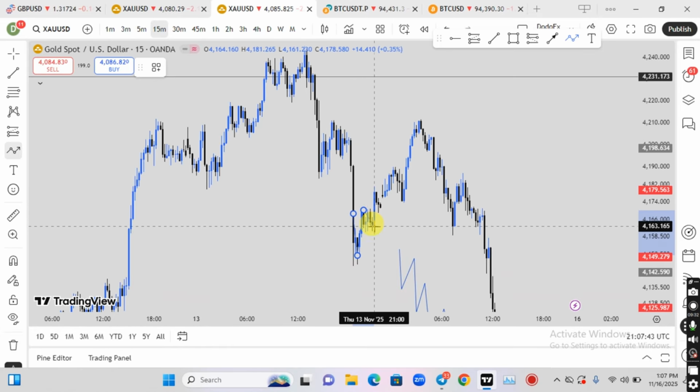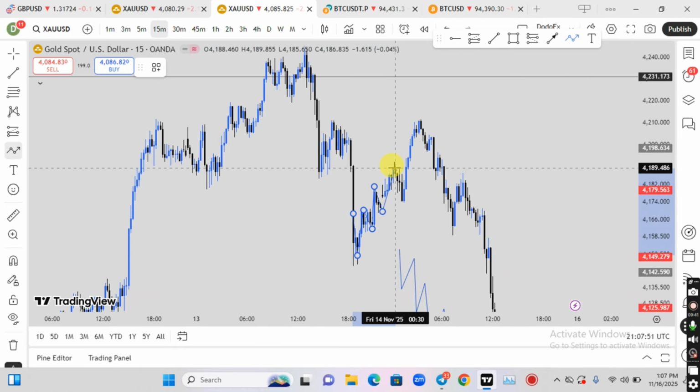Price came here. Breaks it up, pulls back, breaks it up, then pulls back, breaks it up. But there was a gap here, so price has to come back to fill that gap. Then it continues on that break of structure.